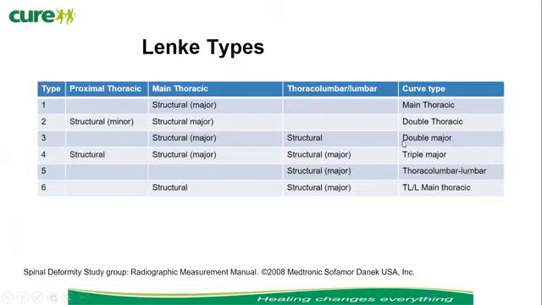3 is a double major, where you have a main thoracic curve, and you also have a thoracolumbar or lumbar curve. So you have a thoracic curve and a lumbar curve. And then 4 is what you call a triple major. You have all three regions represented in terms of structural curves. 5 is easy to remember because it's only the lumbar or thoracolumbar curve that is present.